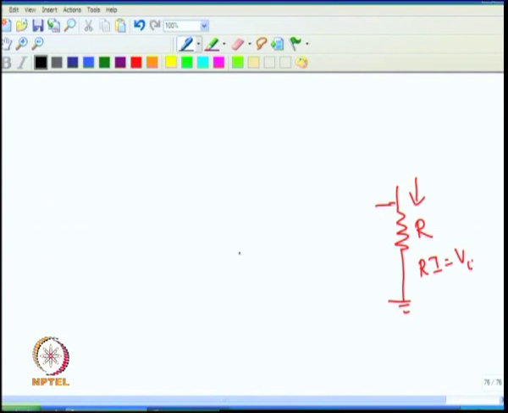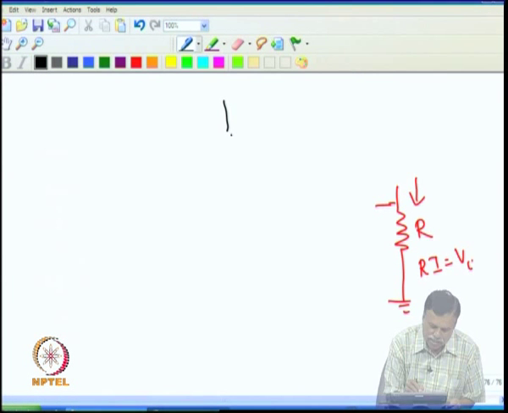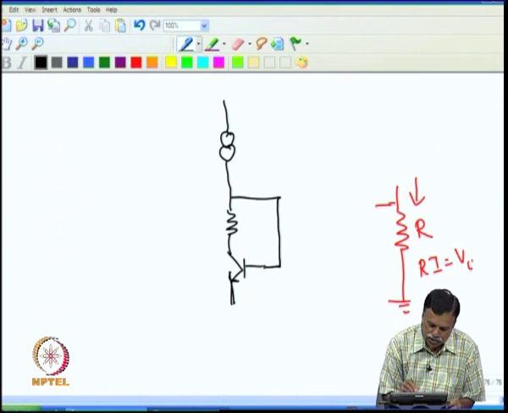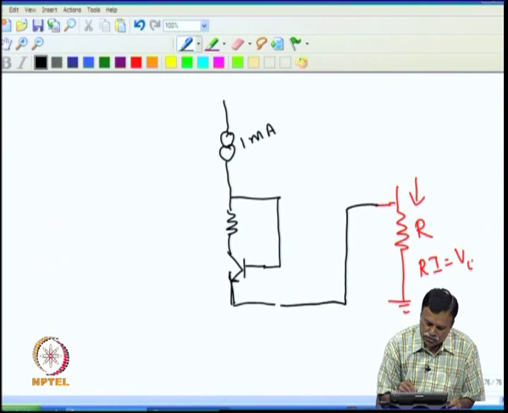The circuit is like this. For example, if I have a constant current source, then I connect one transistor, and then I connect the base to this. Assume this current is very small, say 1 milliampere, then I connect this to this.